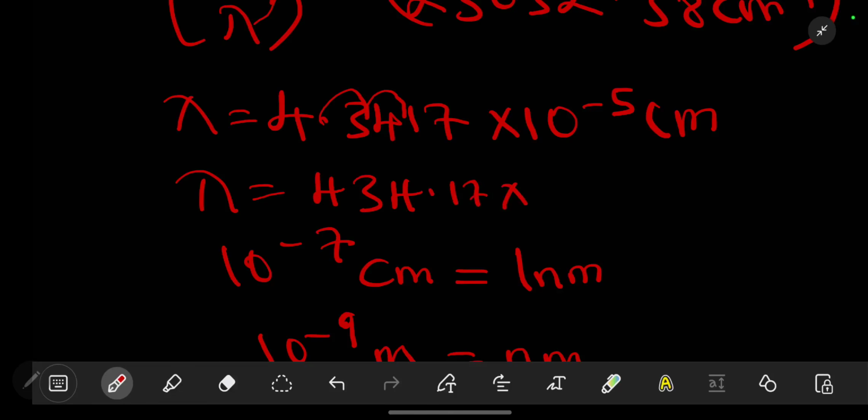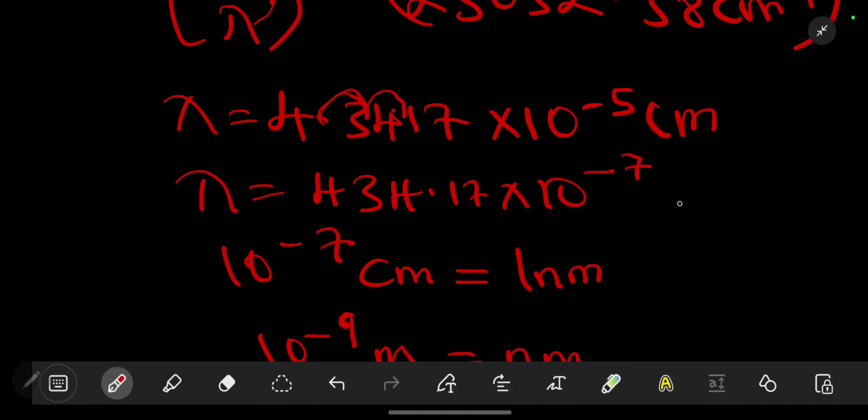So lambda is equal to 434.17 times 10. Each time you move your decimal point to the right, it simply means you are subtracting. Since you have moved it twice, the exponent becomes negative 7.